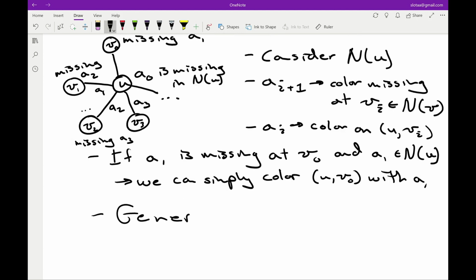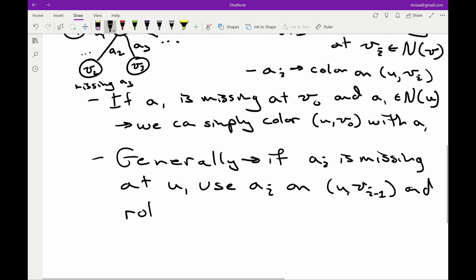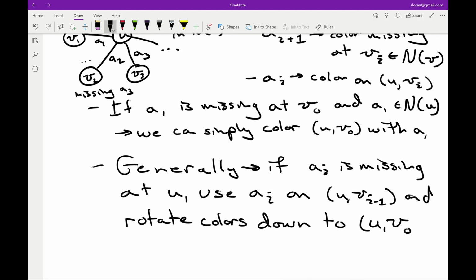Generally, if Ai is missing at U, use Ai on the edge U, Vi minus 1, and we'll rotate colors down to that edge U, V0.